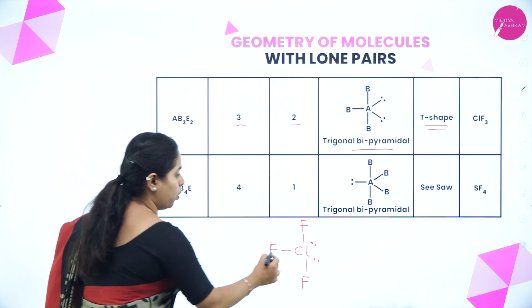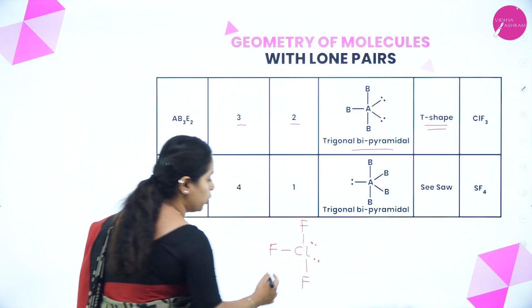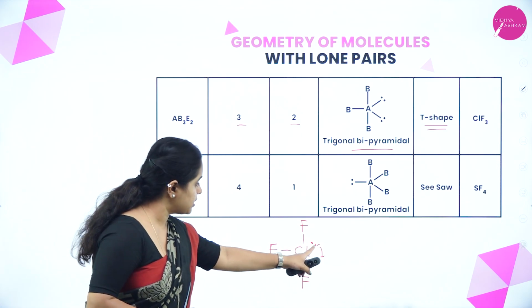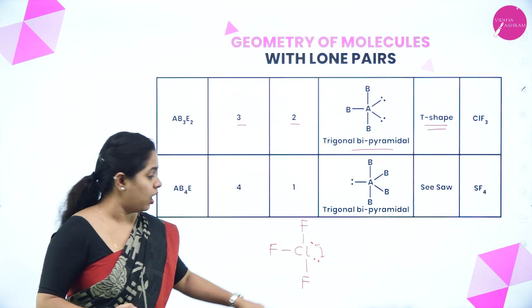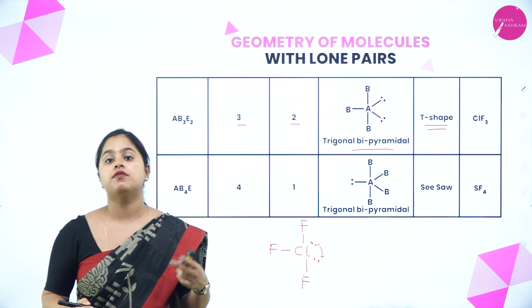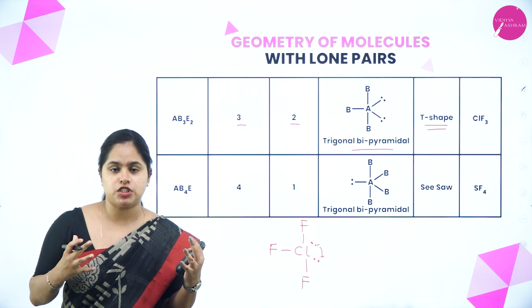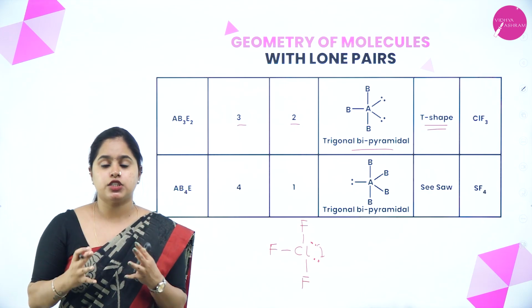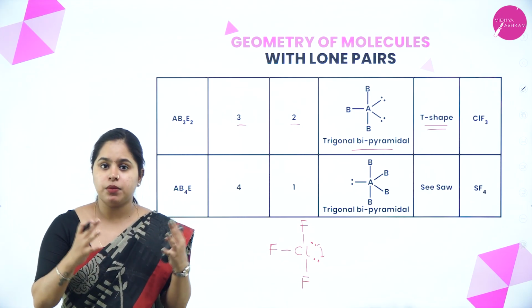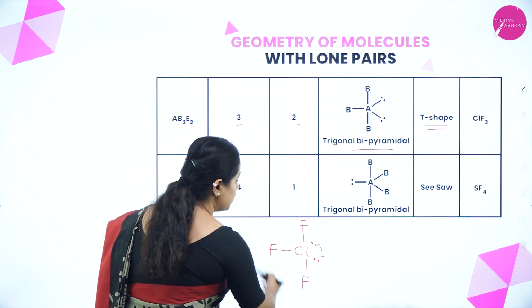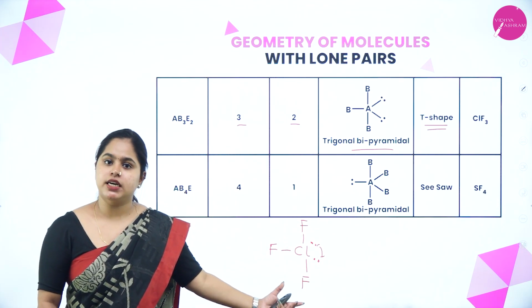So this lone pair and lone pair will start repelling each other, the lone pairs and bond pairs also repel each other, and the bond pair and bond pair will also repel each other. So finally, after all these repulsions take place and they attain a maximum distance from each other, they are stable. So now the stable shape for them will be the T shape.